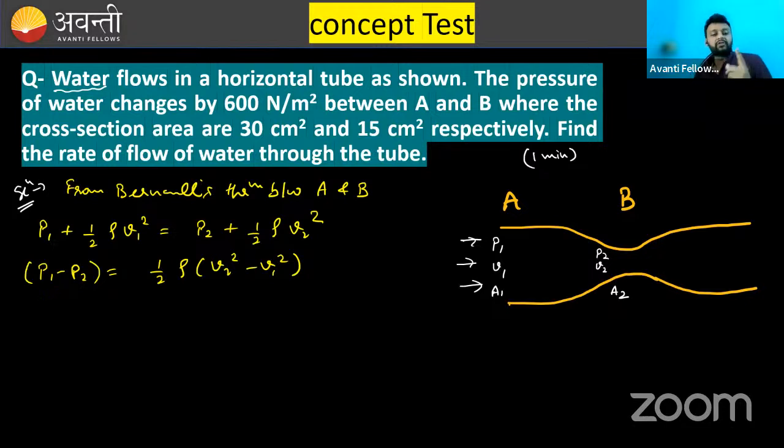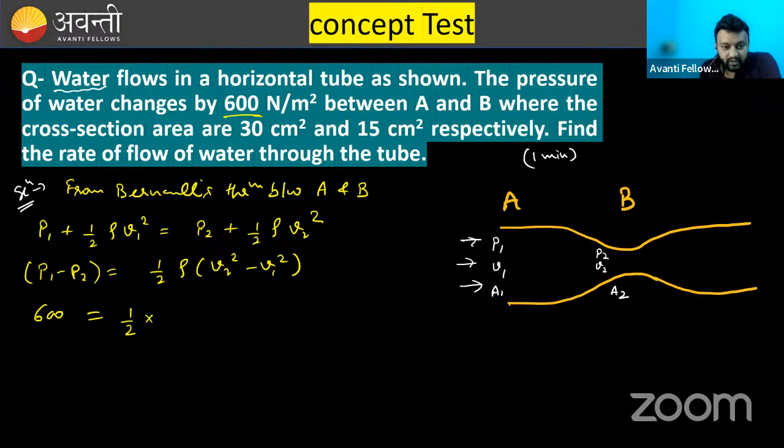When we were studying the Venturi tube, we discussed that this pressure difference is calculated by rho g h. But here this pressure difference is already given, which is 600 Newton per meter square. So I will directly place the value: 600 is equal to half rho. Rho is the density of the liquid, and the liquid is water.